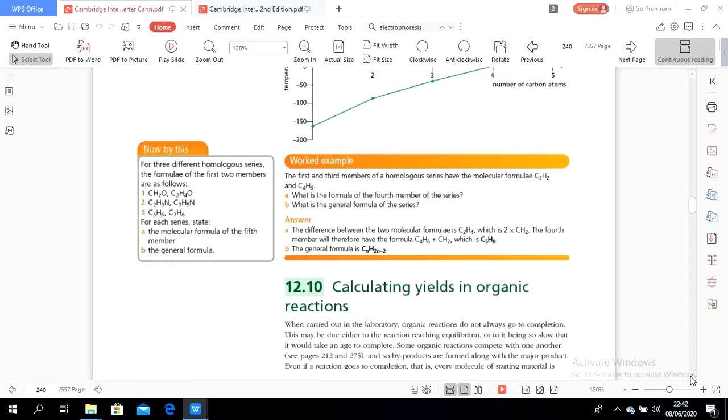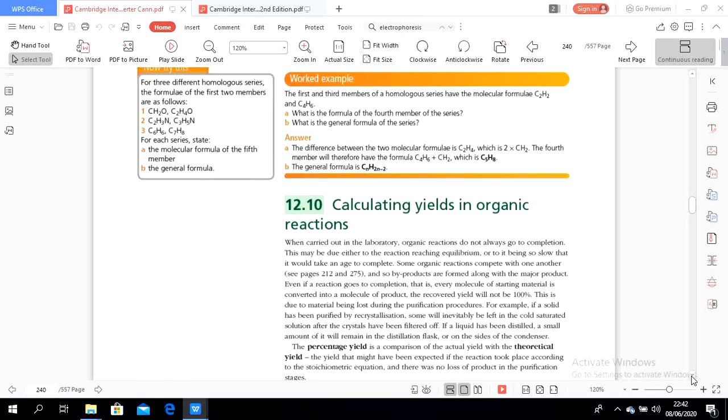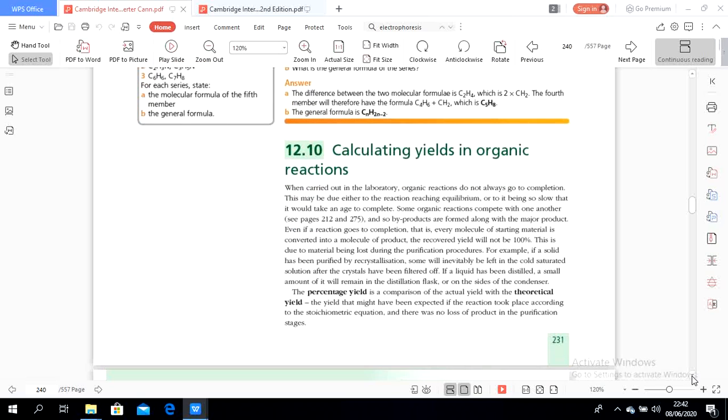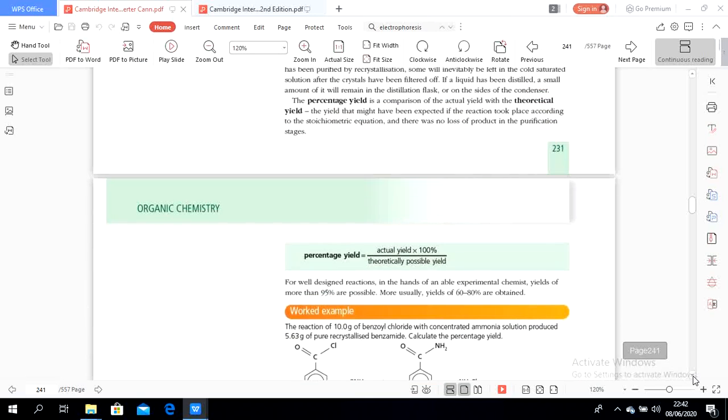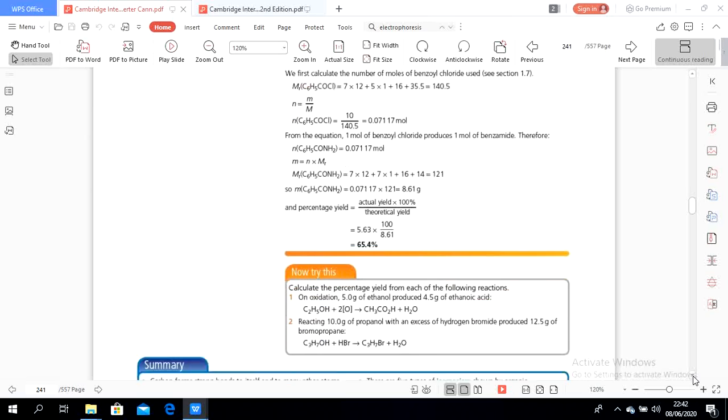And then next, calculating yields in organic reactions. Calculating yields involves theoretical yield and also percentage yield. I'm sure you are able to do the calculation of yield in organic reactions. The calculation is similar to what we had in chapter 1, chemical calculations and moles.